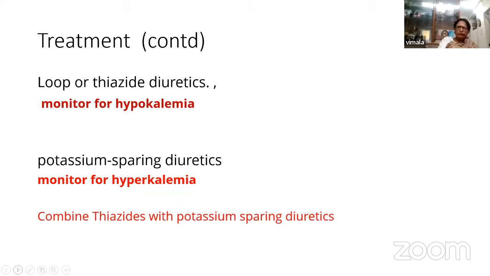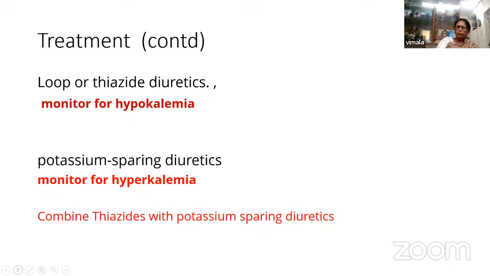You can use diuretics if the edema is severe and affecting the patient, if they are tachypneic or there is fluid in the lungs. We can use thiazides if the GFR is more than 30 ml. Loop diuretics like furosemide or torsemide if the GFR is less than 30 ml. You can add metolazone. But the problem here is you have to carefully monitor for hypokalemia because they lose sodium and potassium.